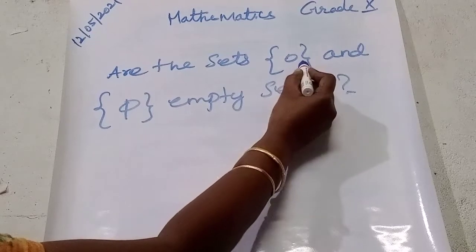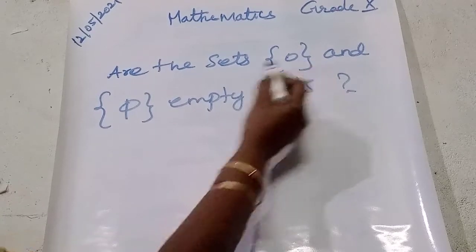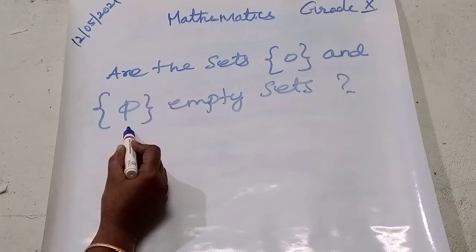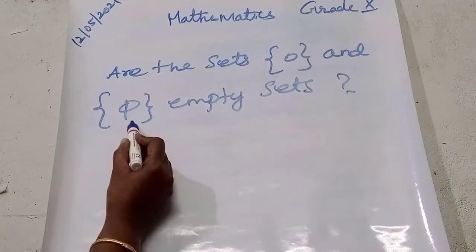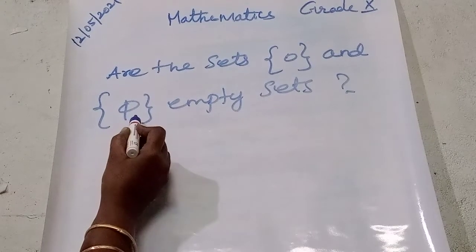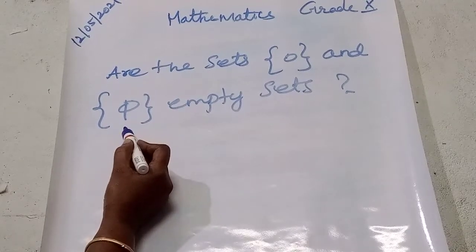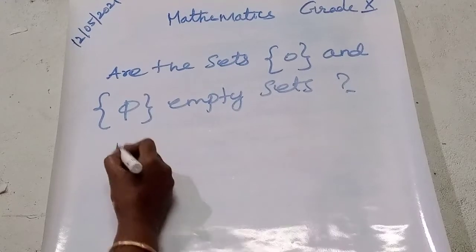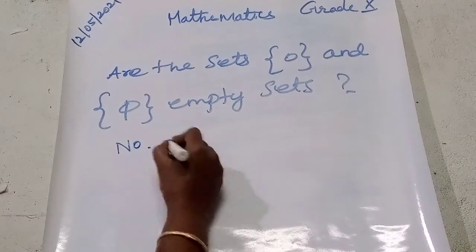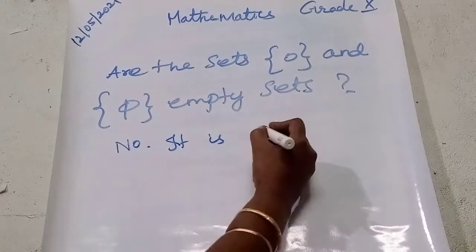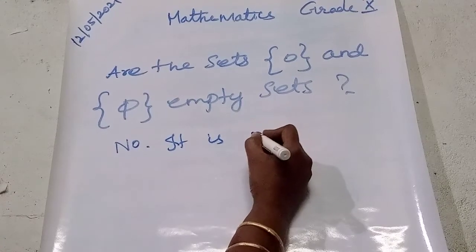It is not an empty set. What about this? Is it an empty set? No. This also has only one element, that is pi. So it is also known as a singleton set.